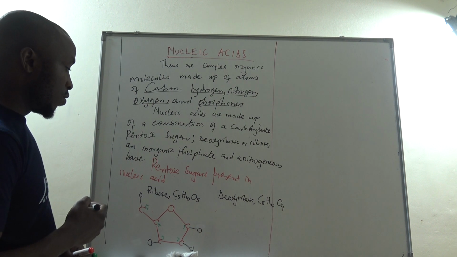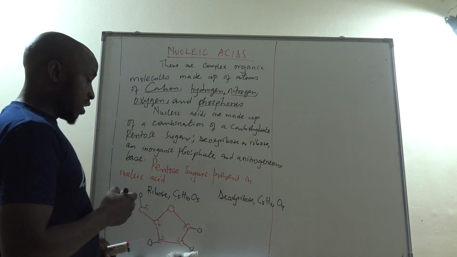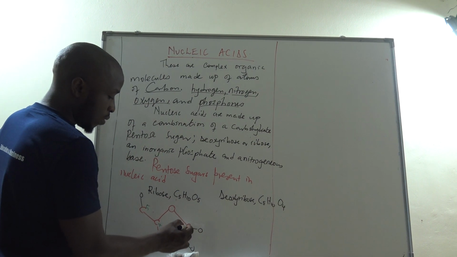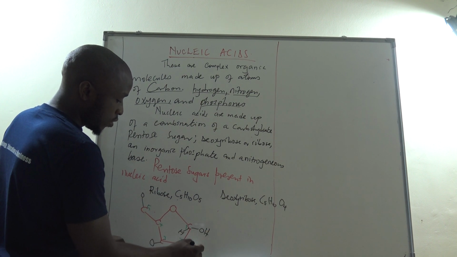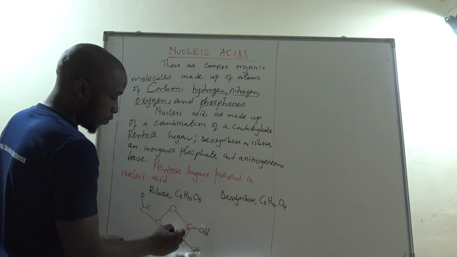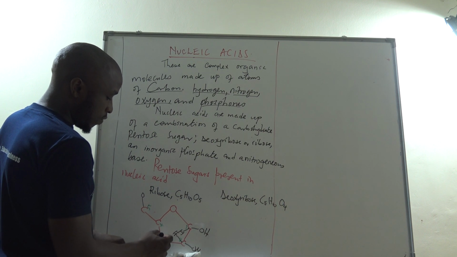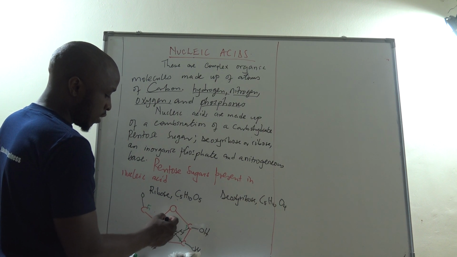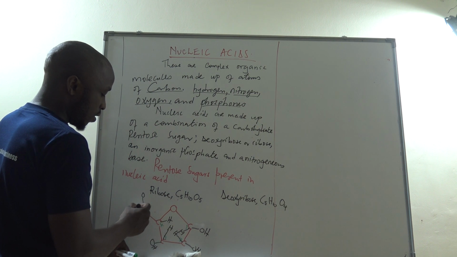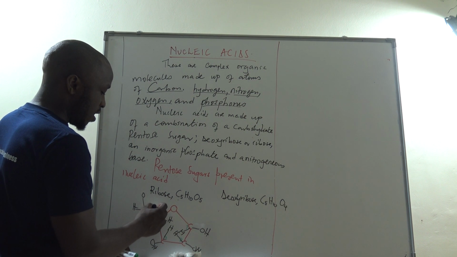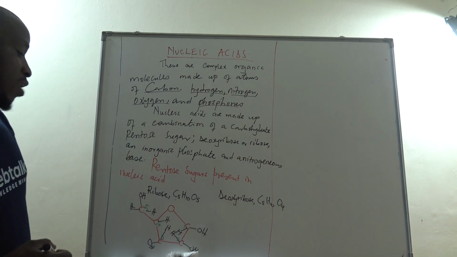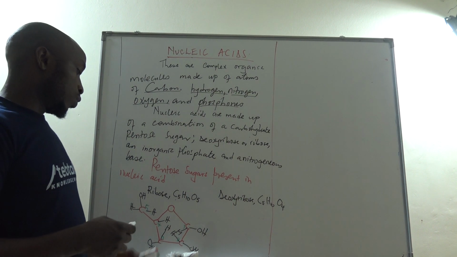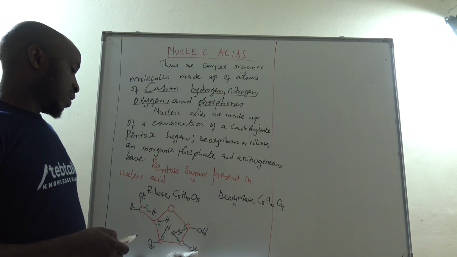Those are 5 oxygen atoms present. How many hydrogens? 1, 2, 3, 4, 5, 6, 7, 8, 9, and 10. So that's how a ribose sugar molecule looks.